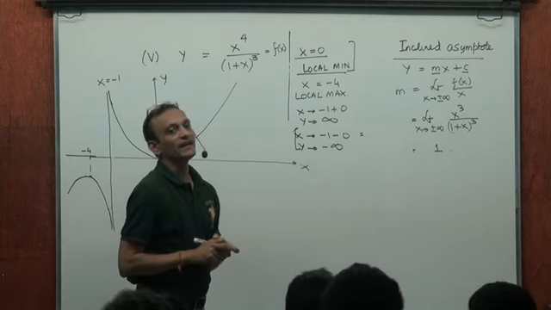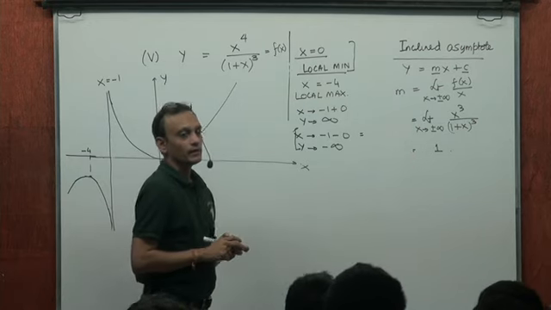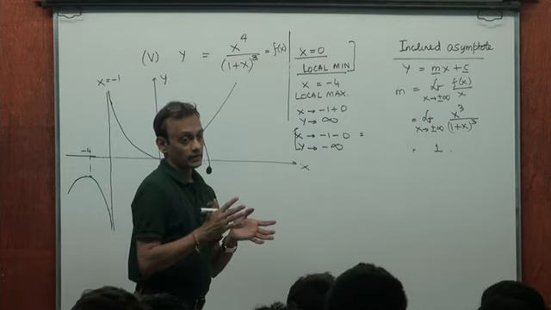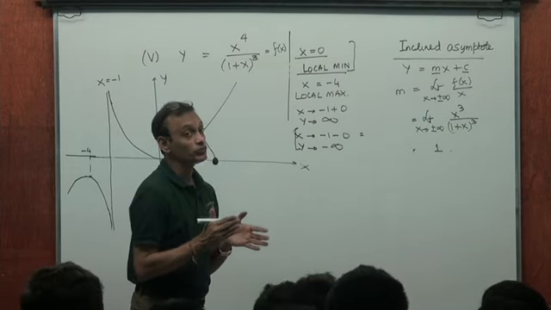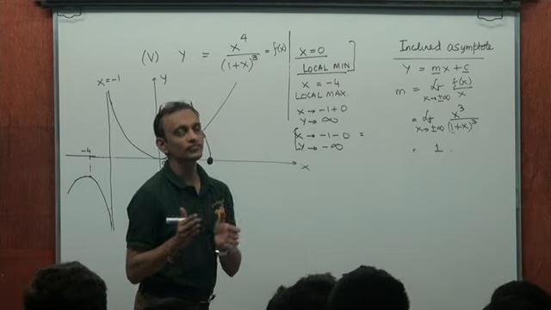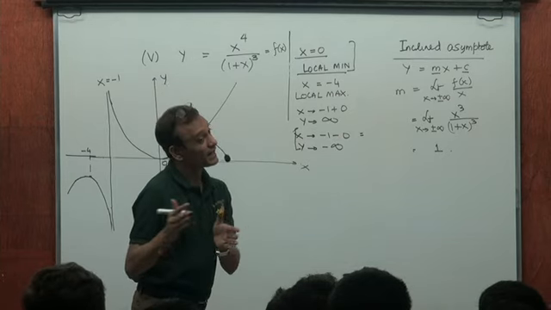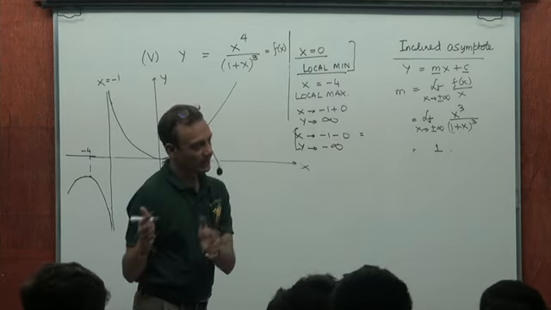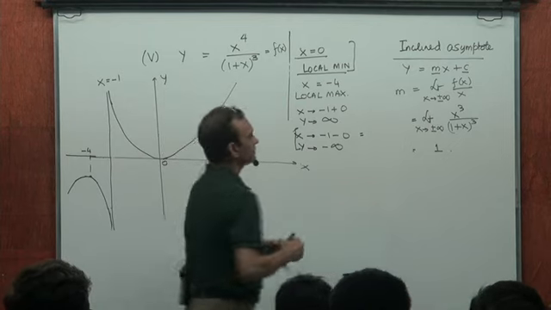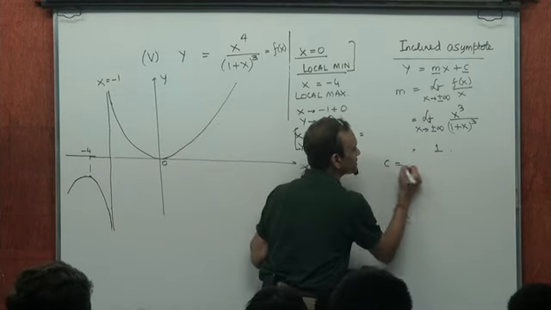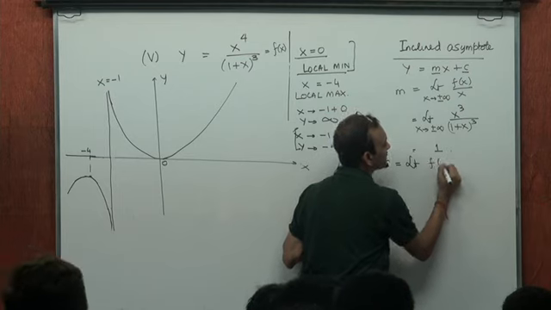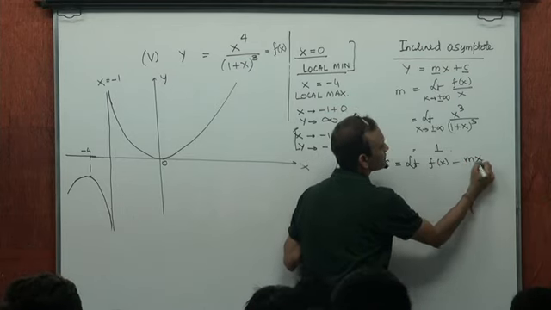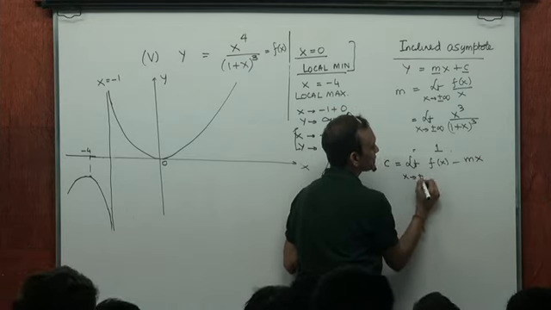What would c be? c would be the limit as x tends to infinity of f(x) minus mx. So if there exists a c, then that c must be the limit of f(x) minus mx as x tends to plus minus infinity.